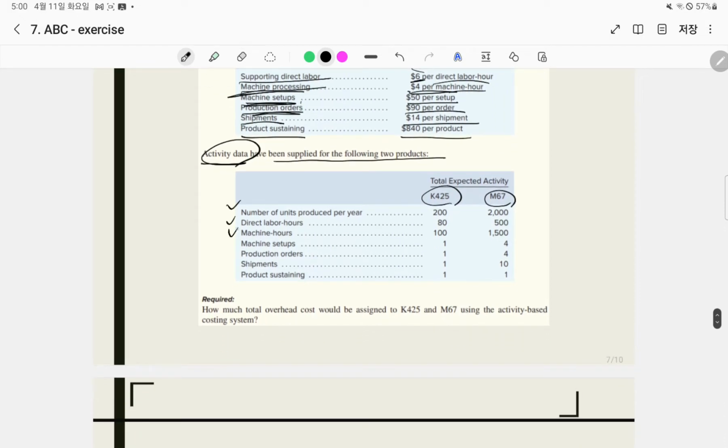So here you are supplied with the information about the activity level.